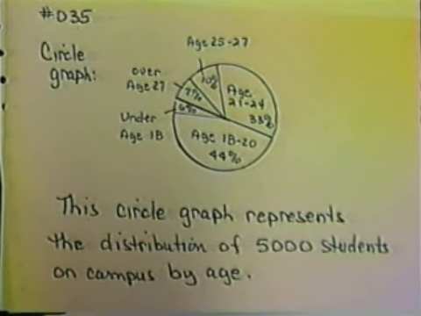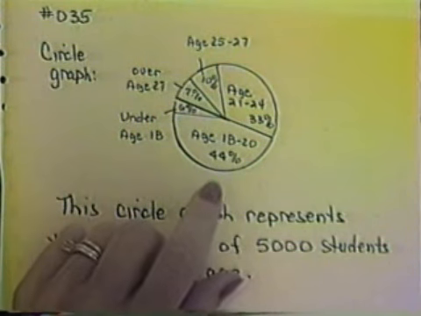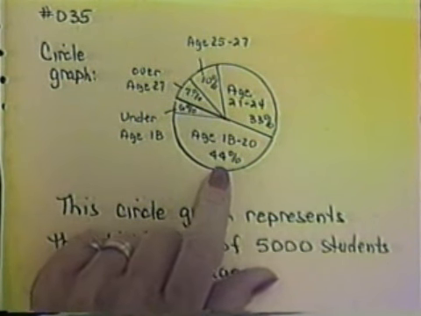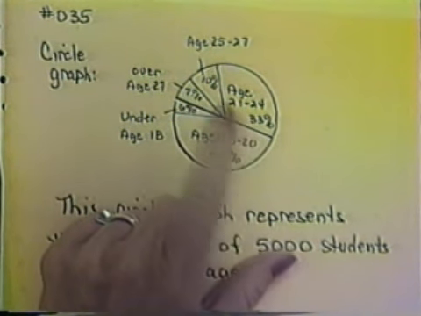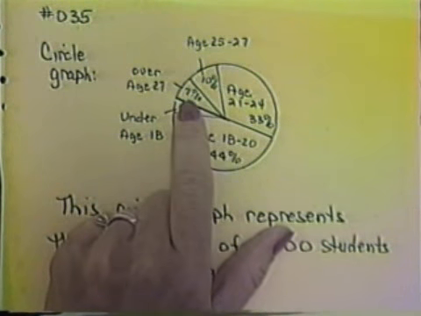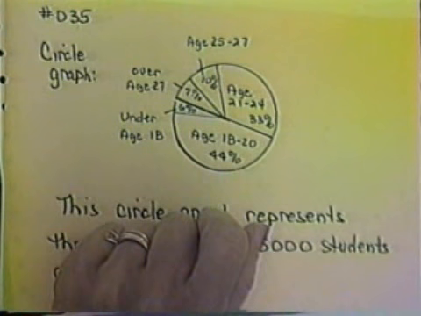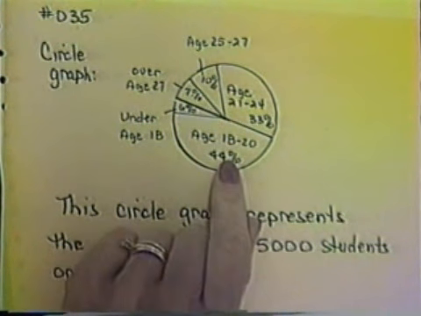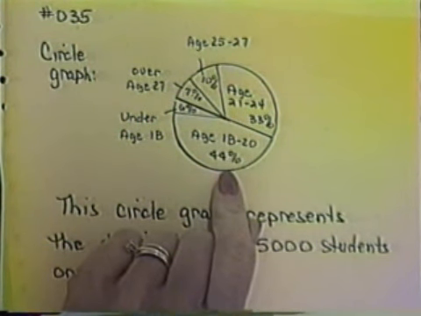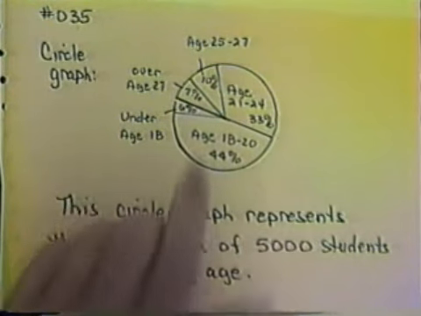The numbers in a circle graph usually are given in percent form, and they total 100%. That is, if we took 44% and 33% and 10% and 7% and 6% and added them all up, we would come up with a total of 100%. Okay, that's how a circle graph works.